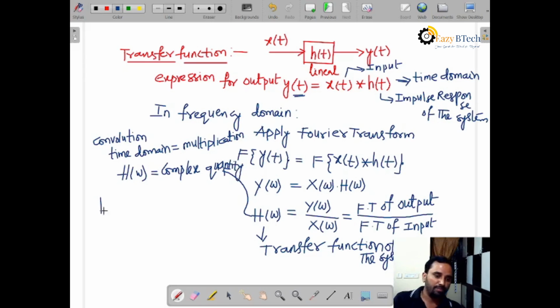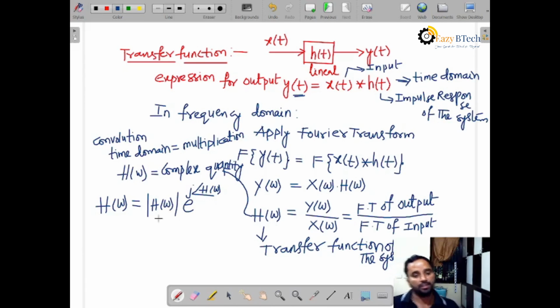So this h of omega we can express as magnitude and e power j theta, or e power angle of h of omega. Here theta is the angle of h of omega.